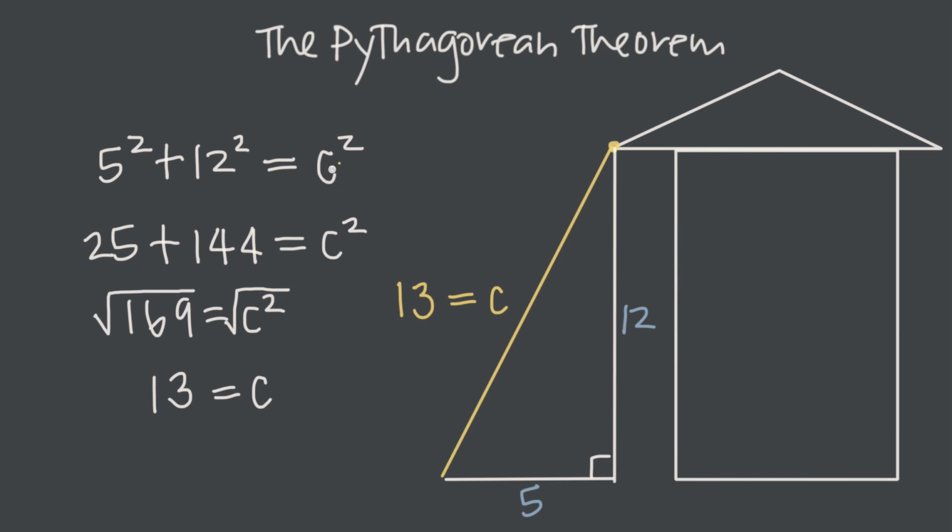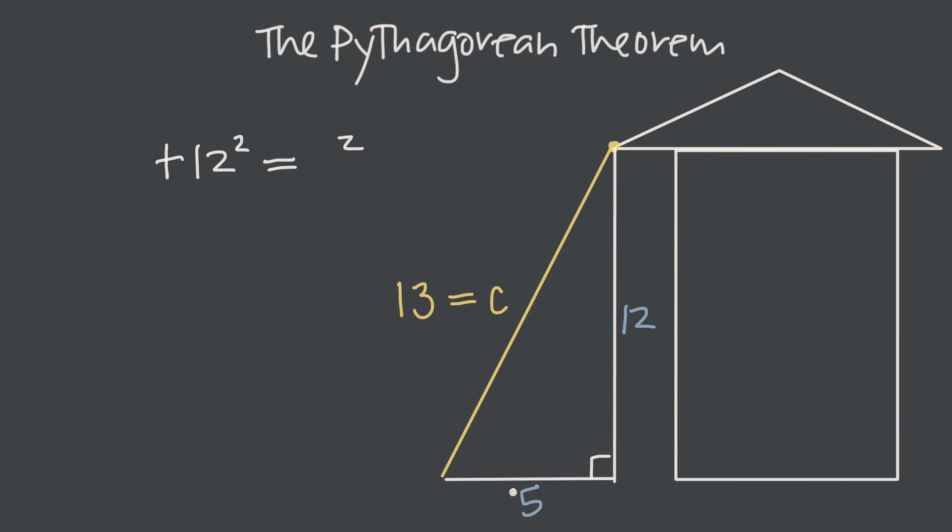Well, instead of this equation here, this would be our unknown value, so we would call that a, and we would say a squared. We already know 12, so we would say 12 squared, and then we already know the length of the ladder is 13. And then we could solve this for a by saying a squared plus 144 is equal to 169.